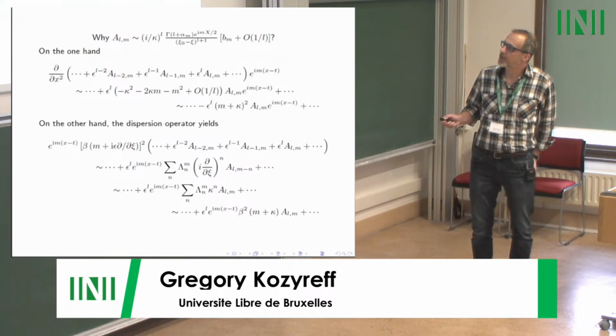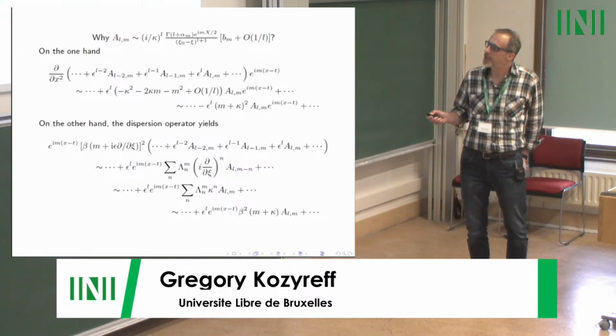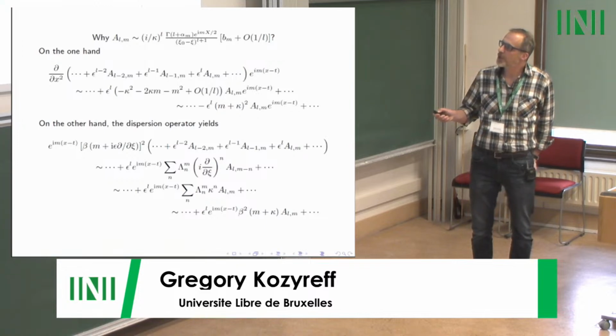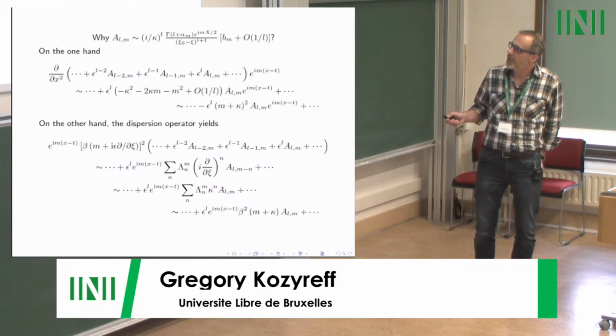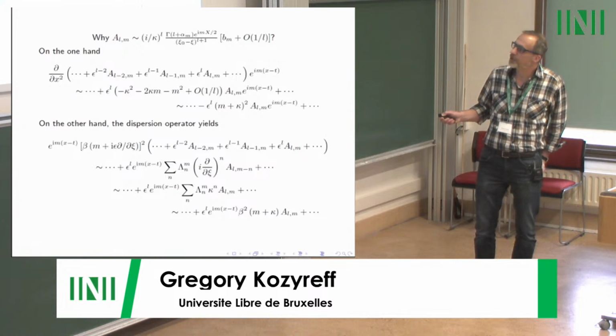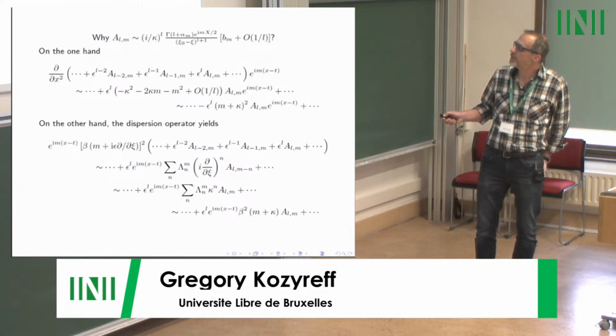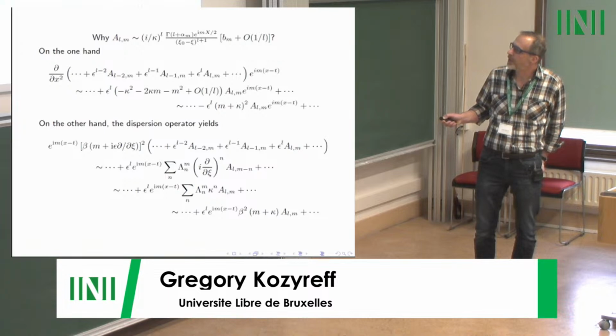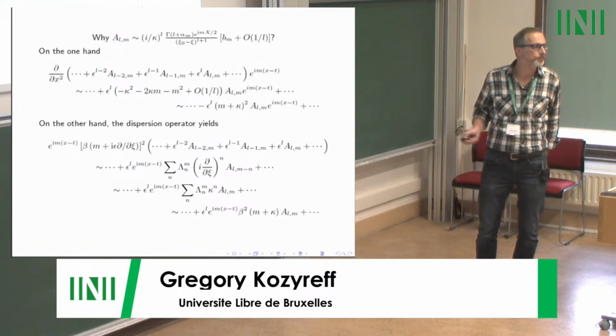If you look at this closely and do it step by step, you will realize that, one line after the other, you get to leading order in 1 over L this simple expression, beta squared of m plus kappa.